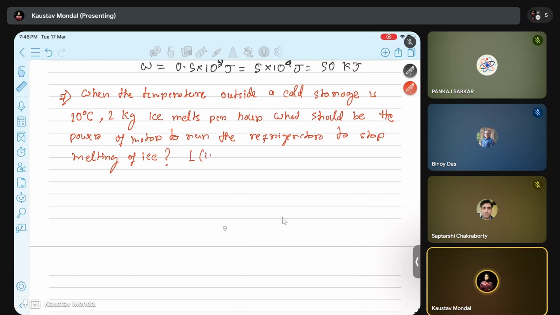The latent heat of ice is given, 336 kilojoule per kg.